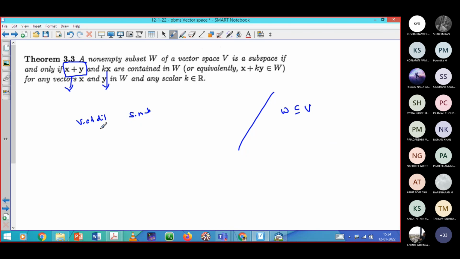If a set is given and you are asked to check whether it is a subspace or not, it is more than enough to verify only these 2 conditions: x plus y and kx. Please keep this in mind, because by following these 2 properties we are going to solve problems on subspaces, which will be discussed in the next class.